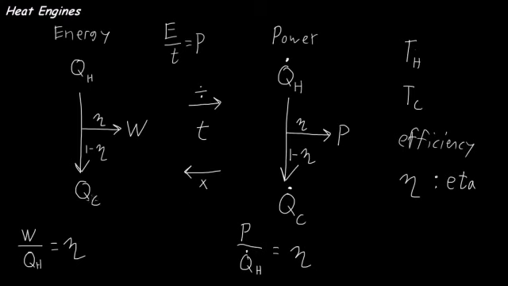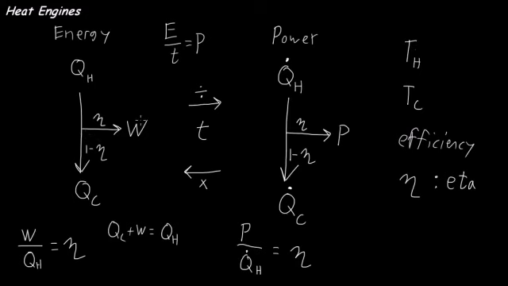I can also see that if my QH is coming in this way, it splits off to W and QC, therefore QC plus W must be equal to QH. So I can say QC plus W equals QH. So just by understanding these diagrams and labeling them properly, I can see various equations that relate to these quantities.